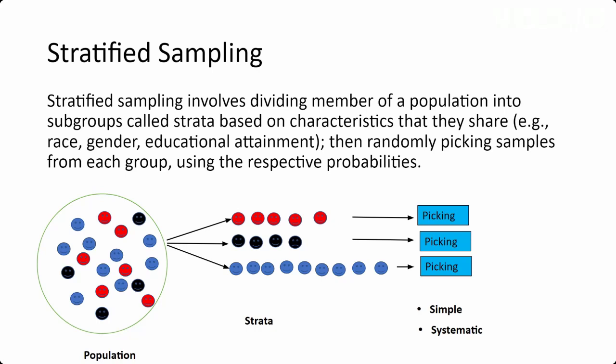This is a good example I've given here. Once picking, you may decide maybe you use a simple or systematic, but this is a stratified sampling method. From there, your samples are picked from each grouping. We have our sample there.